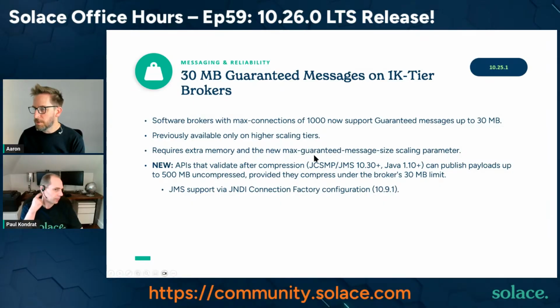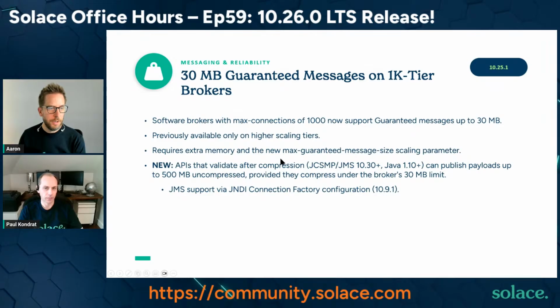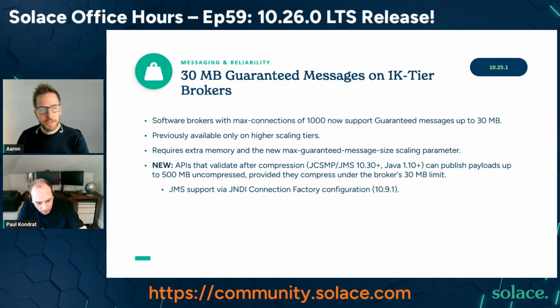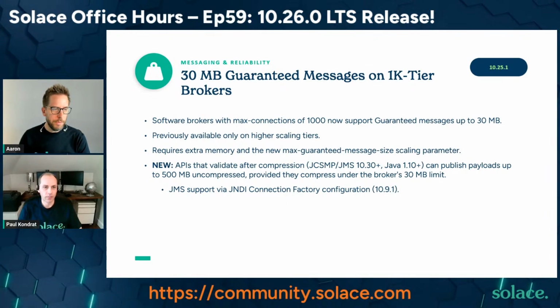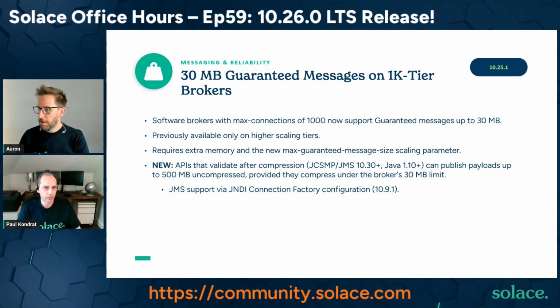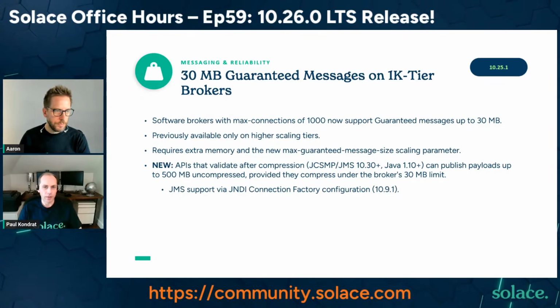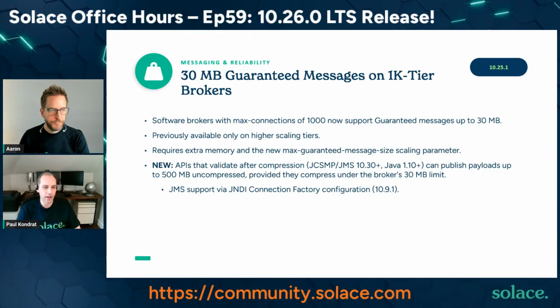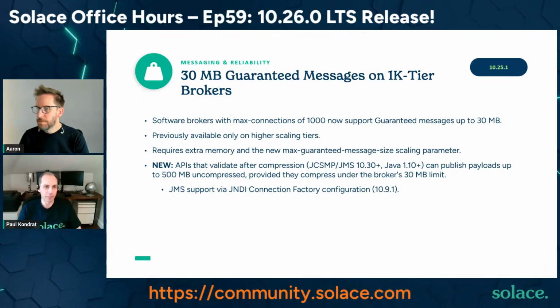Paul, I think you probably know some of the broker internals about this, but having the small brokers with their limited resources, 2 cores, 2 gigs, 4 gigs, I forget the requirement, support these large message sizes in an effective way required some fancy insides in the broker, right? Well, the broker is storing and forwarding, so it comes down to buffers at the end of the day, and how many messages the broker can keep in memory to process at one time.